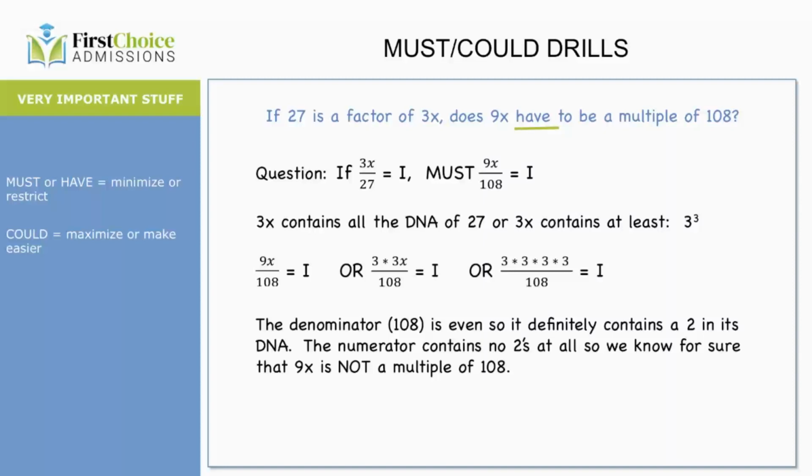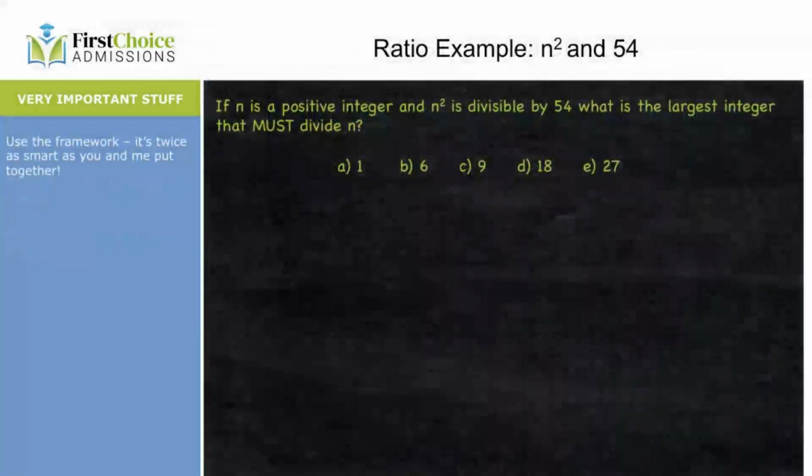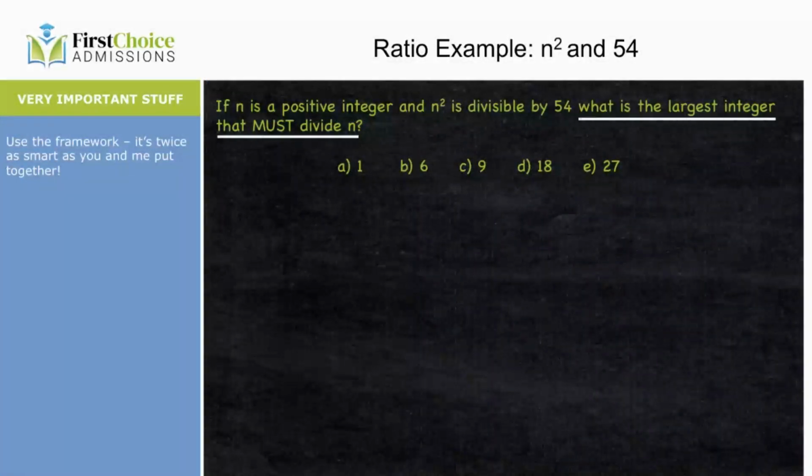Let's take a look at one more that is more of an actual test question. If n is a positive integer and n squared is divisible by 54, what is the largest integer that must divide n? What is it exactly that we're being asked? I think we're being asked something like this.